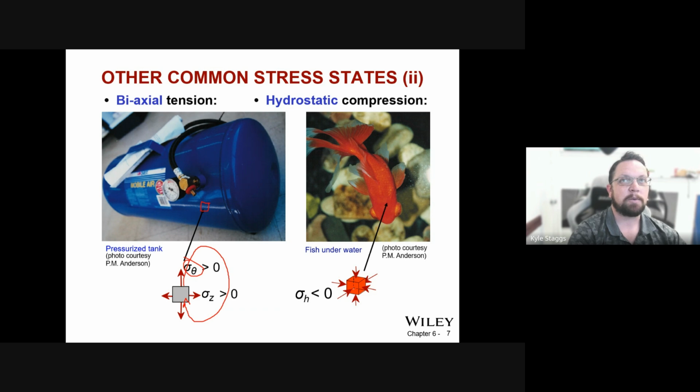They have compressive stresses. So if you were to suddenly put a fish into a vacuum environment, because its structure is designed to be pressurized on the exterior, if you reduced that local pressure, you would create a scenario where the fish would just explode.